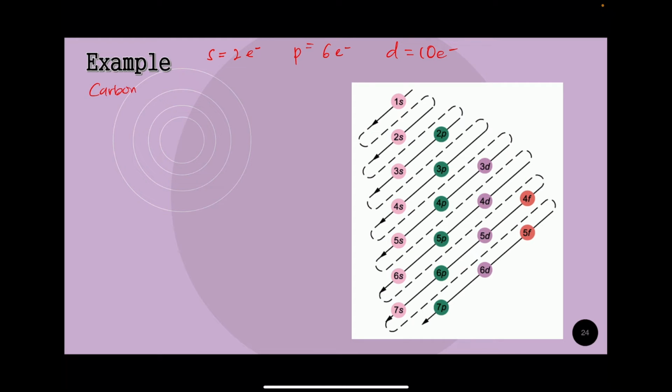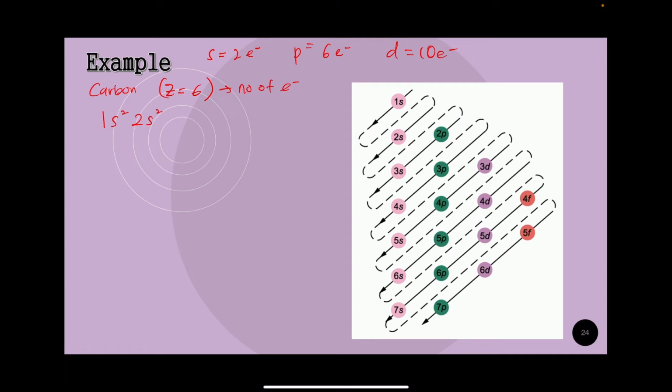Let's say we have carbon, and Z is equal to 6. When Z is equal to 6, it also indicates the number of electrons. So by following the ascending energy of orbitals, we start with 1s, where the s orbital can hold only 2 electrons. Then 6 minus 2, there are 4 electrons left. The next orbital is 2s, which we can also fill with 2 electrons.